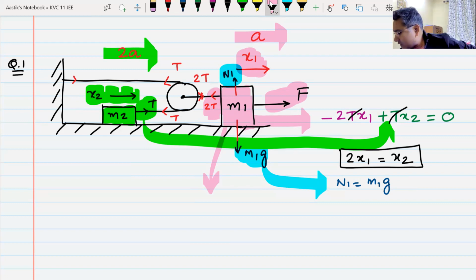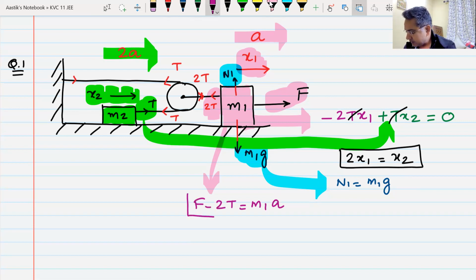What is the pink equation of this block? F minus 2T is equal to m1a. Yes, that is absolutely correct. This is the pink equation of this block.